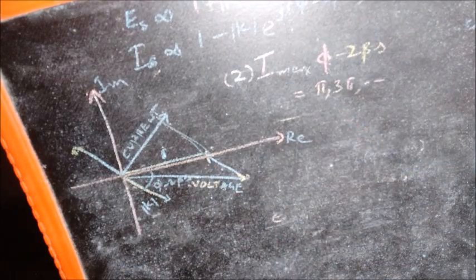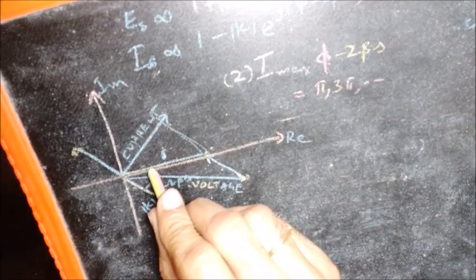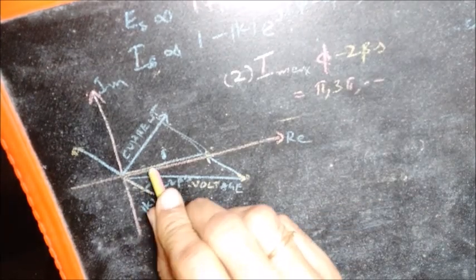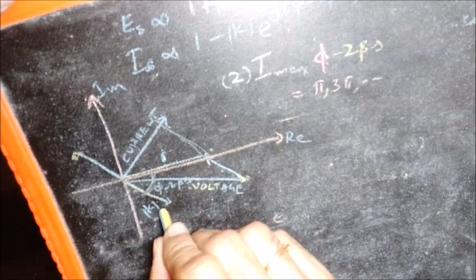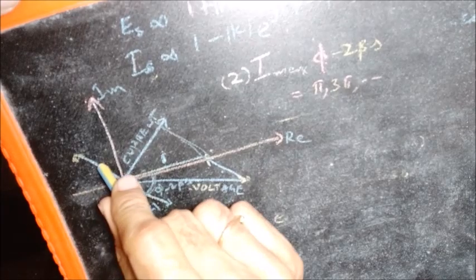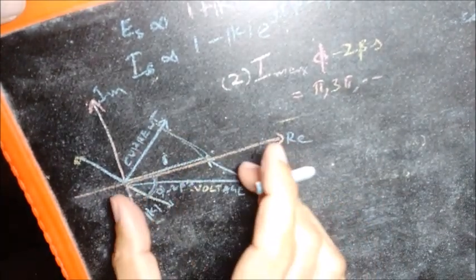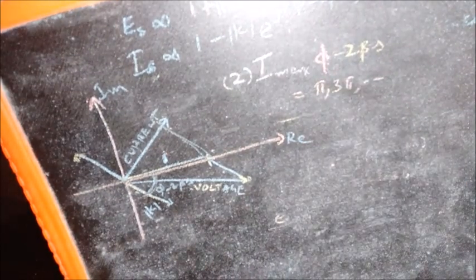And that happens when phi minus 2 beta s is pi. Say for example, phi minus 2 beta s is pi. This phasor comes over here and this correspondingly moves here, and hence the current phasor will have its maximum value. So Imax occurs when phi minus 2 beta s is 2 times an integer plus 1 times pi.